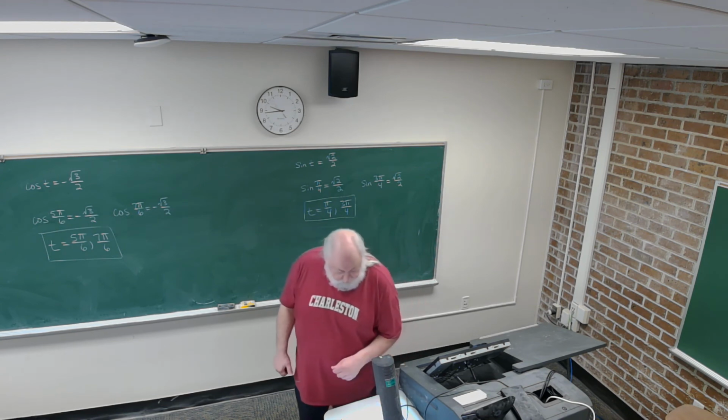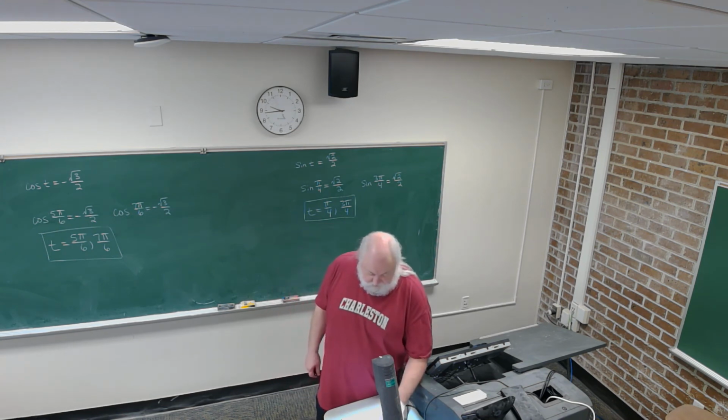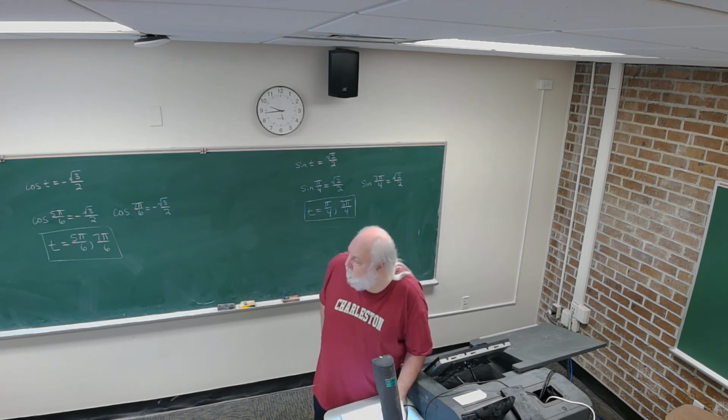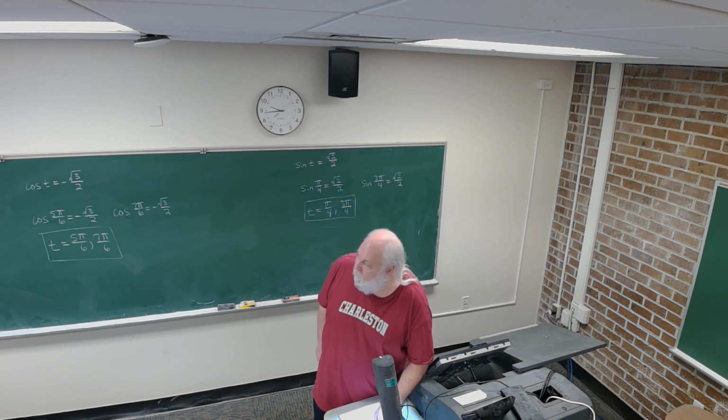So top of page 3, we're going to talk about transformations in the graphs of the sine function and cosine function. And so the transformations are going to be of the form y equals a times the sine of bx plus c, and y equals a times the cosine of bx plus c.